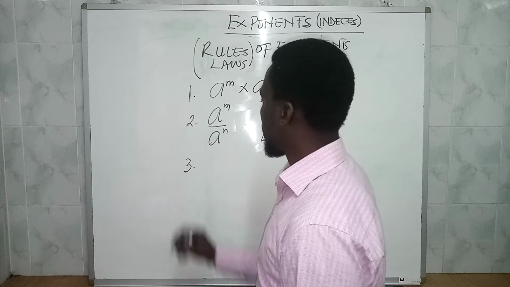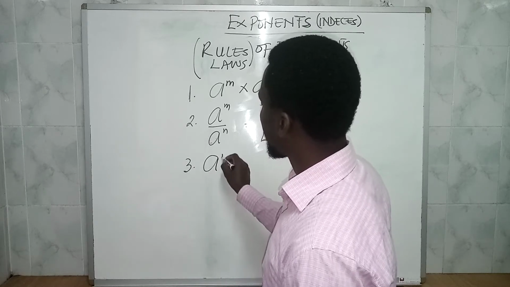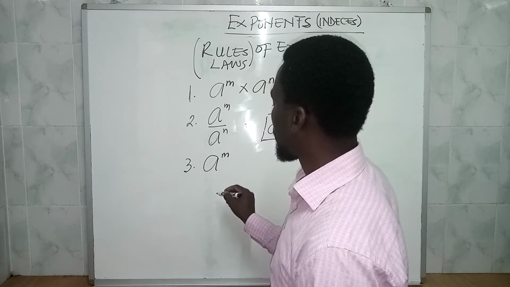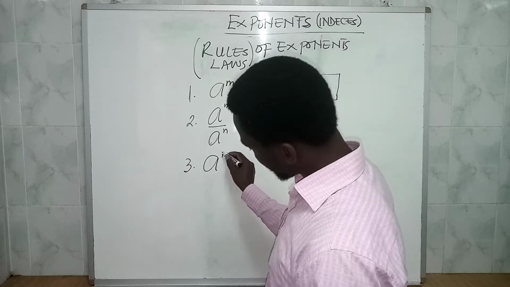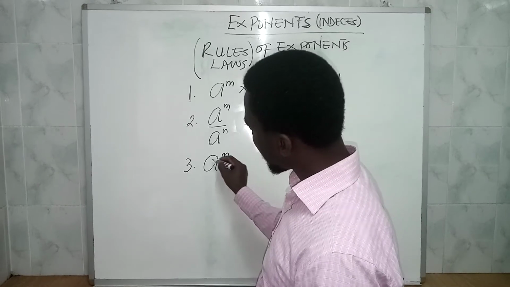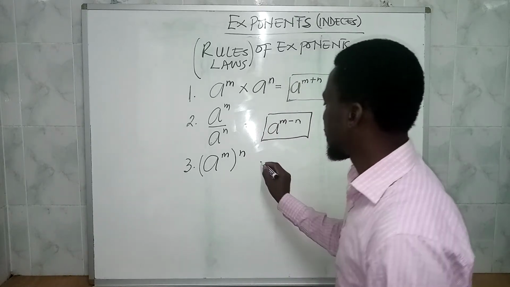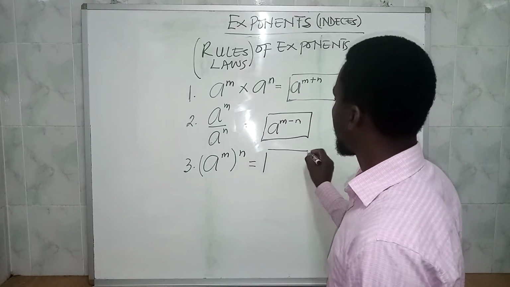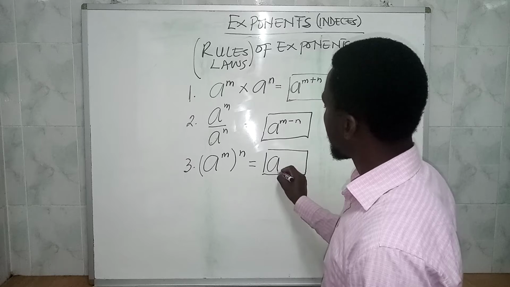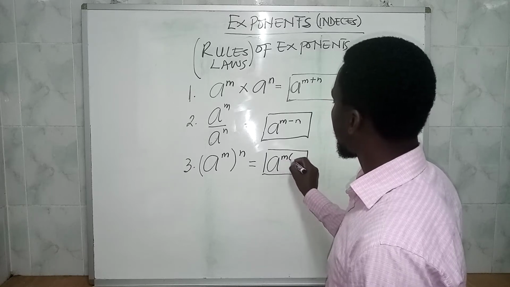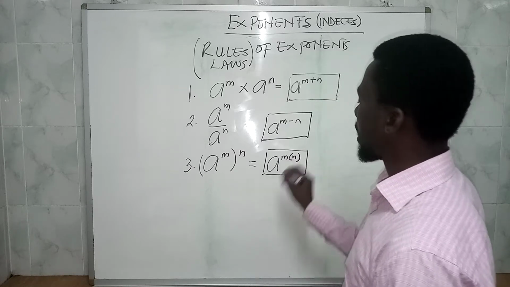Then 3, if we have a raised to the power m, and then this is raised to the power n, then this should be a raised to the power mn, m times n.